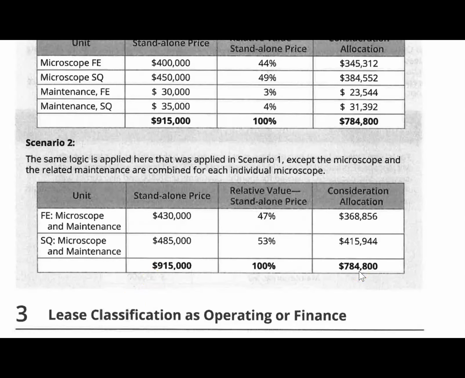So there are a couple of ways. Either you can keep it separate when you allocate the price, or you can combine the lease assets and the non-lease components related to that. So this example is very consistent with the revenue recognition price allocation concept.